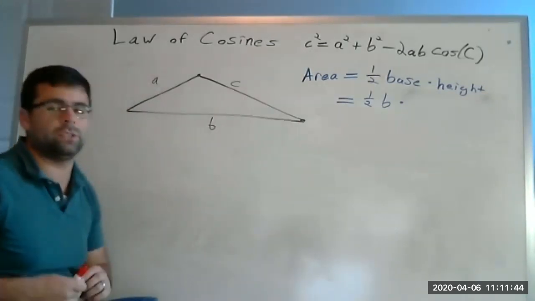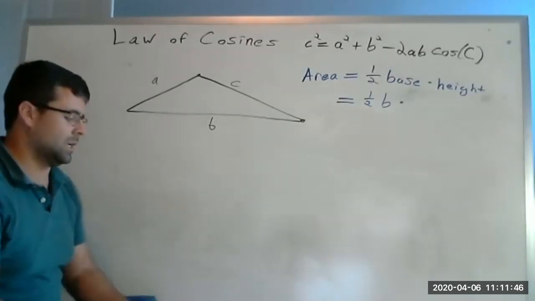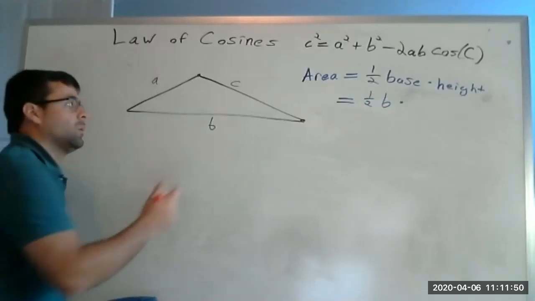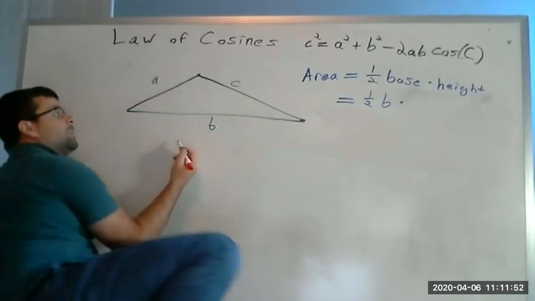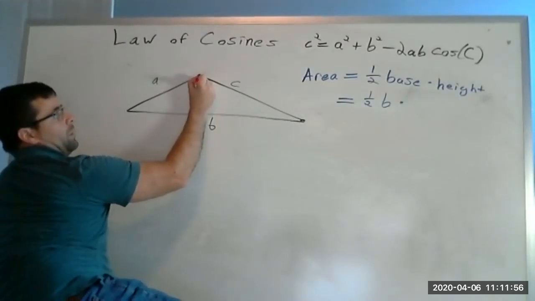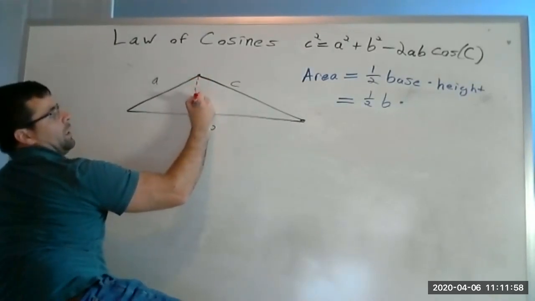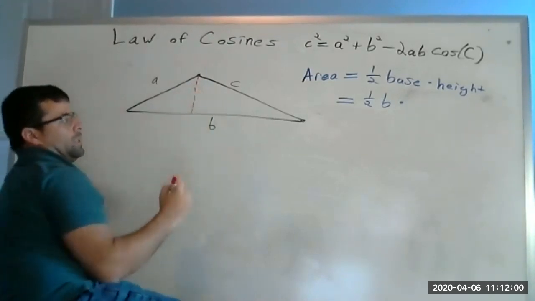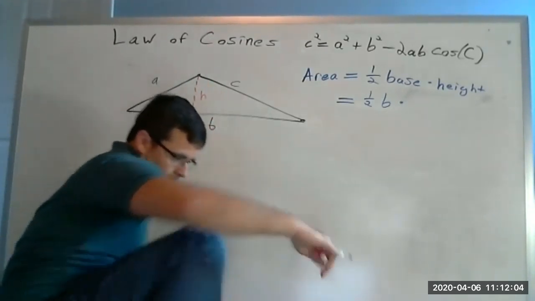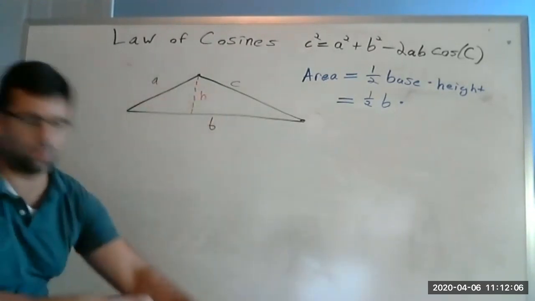Yeah, so usually they do it with a dotted line, and it's a line, when you have it set up like this, that goes straight down from the peak to the base. Okay, so we're getting a little closer.